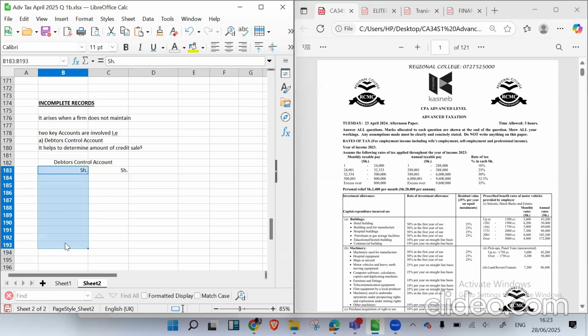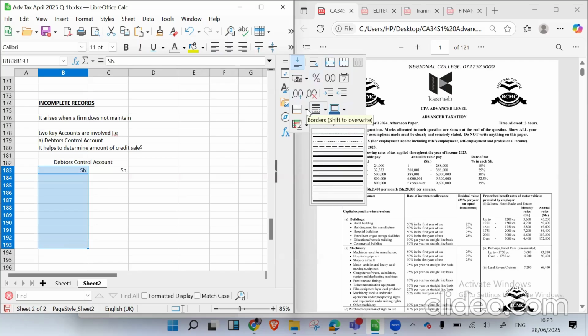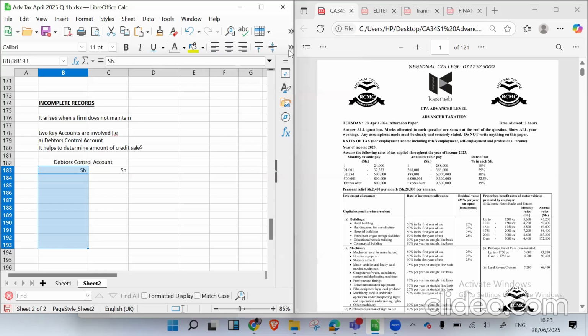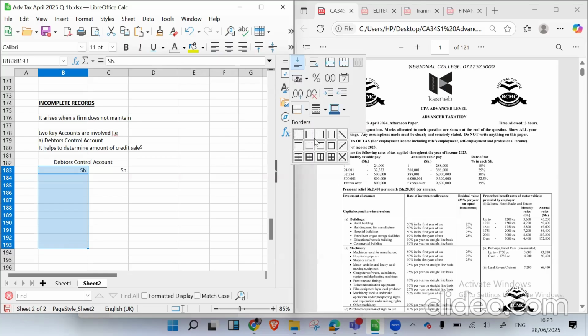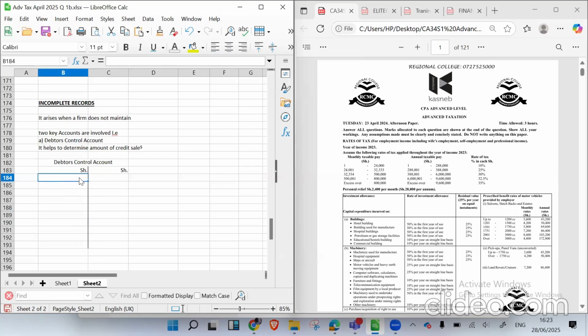As far as this account is concerned, this is an asset account. So you have the opening balance brought down.